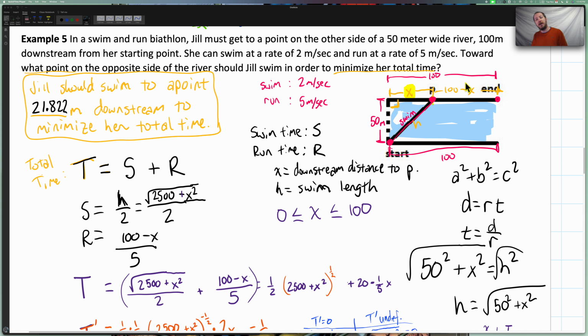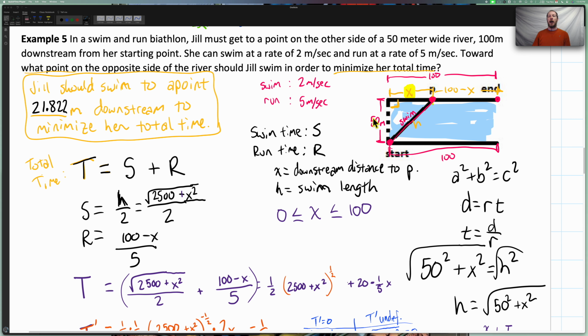And that it's 100 meters down on the opposite side of the bank where the finish line is. This diagonal black line in here is just an example of where she could swim to. Just like in the last example where the rectangle was just an arbitrary rectangle, this is an arbitrary point. It doesn't mean that it's going to be at that angle. Don't measure it. Don't pull out your protractor.